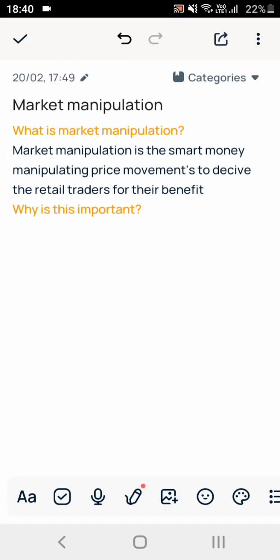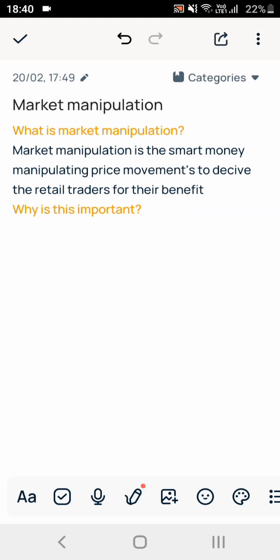So here is my understanding of market manipulation. Basically, market manipulation is the smart money. When I say smart money, I mean your banks, your hedge funds, your billionaire investors, your billionaire institutions, your billionaire traders. You must remember there are two types of traders.